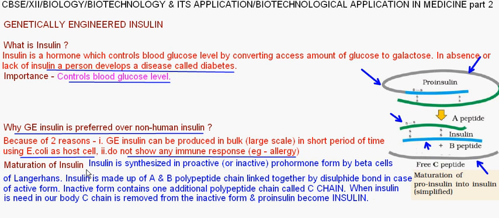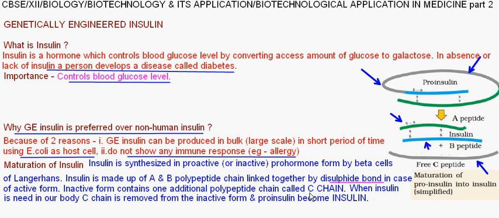In human body, insulin is produced in inactive form called prohormone or proinsulin by beta cells of Langerhans. The active form is made up of A and B peptide chains linked together by disulfide bond, whereas the inactive form contains one additional C chain.